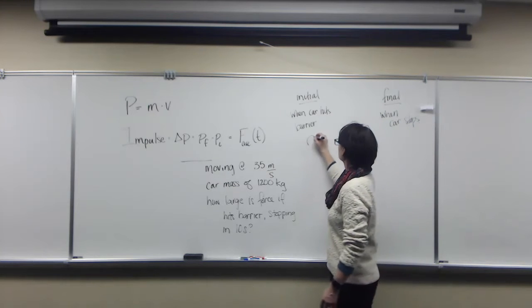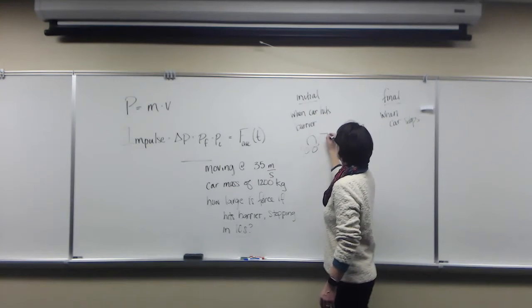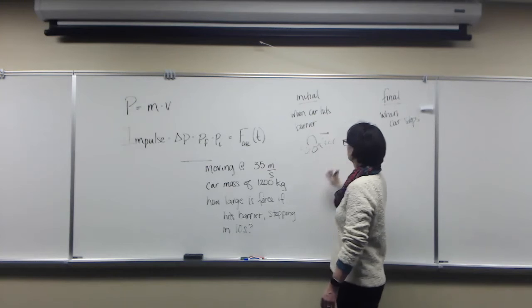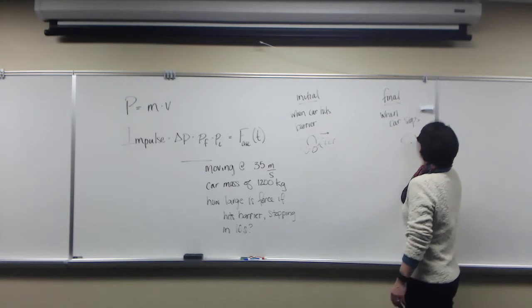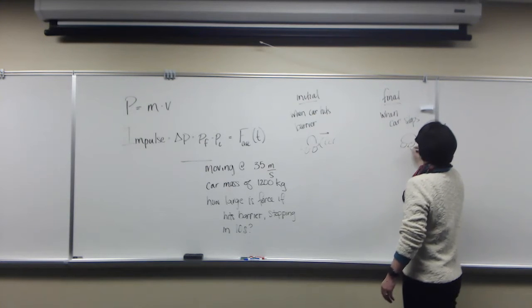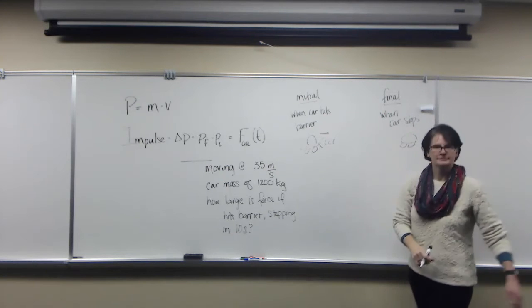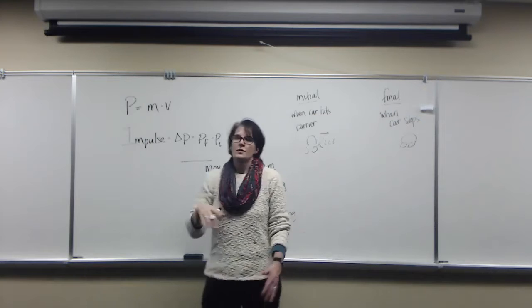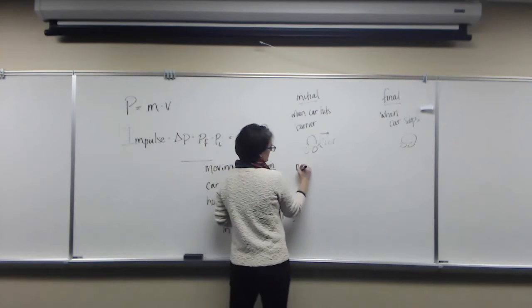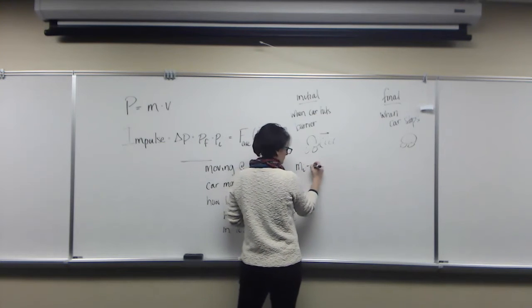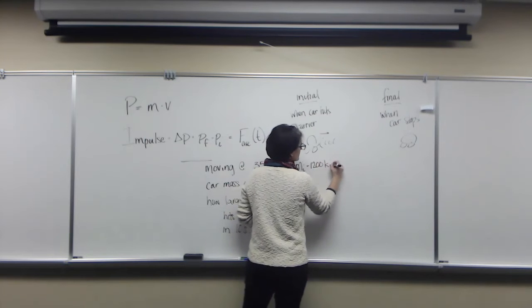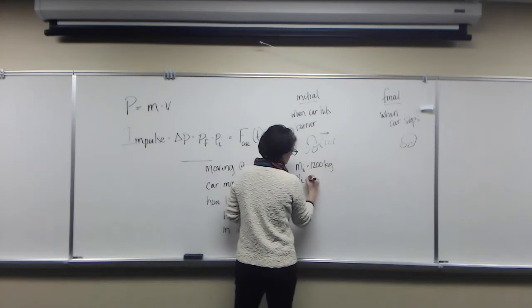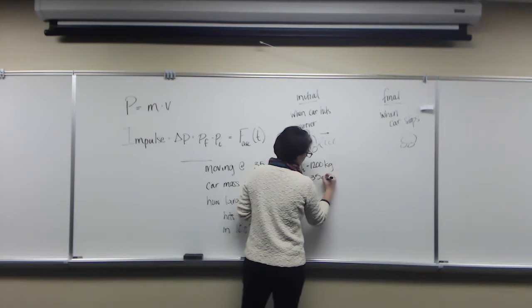So here's my car, it's moving, here's our barrier, and here's the car just sitting there. All right, so we know that there is a mass initial, which is 1,200 kilograms, and an initial velocity, which is 35 meters per second.